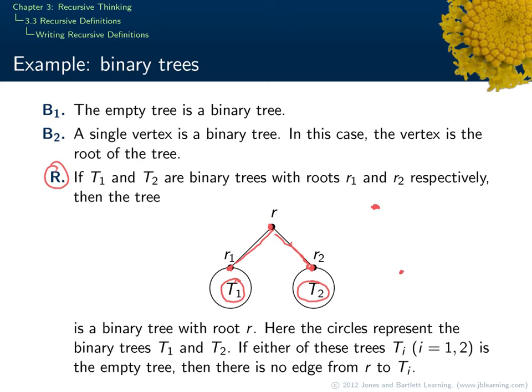Let's suppose we have this tree as being T1 and maybe this tree as being T2. If I use the recursion, I form a new vertex R up here and I just simply join them. And that's my new binary tree.